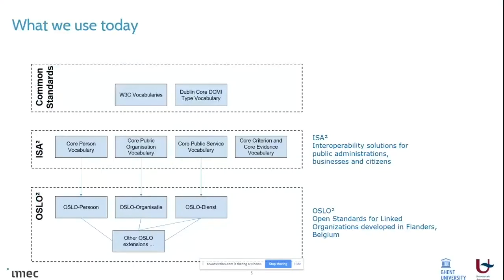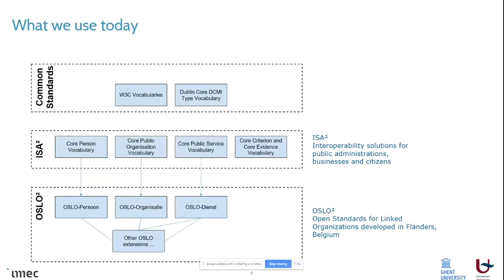So what are we using today? As already explained, we have all these W3C vocabularies, and then all the ISA² core vocabularies, which are aiming for interoperability on different levels. And here in the region of Flanders, the Flemish Information Agency, AIV, once proposed the standard Oslo, or also Oslo², which is the open standards for linked organizations, which basically specializes the ISA² Core Vocabularies with own extensions.